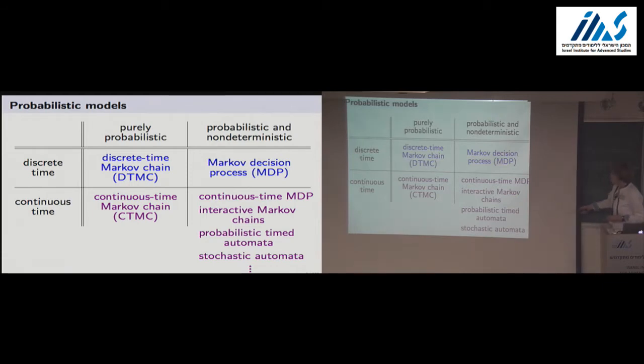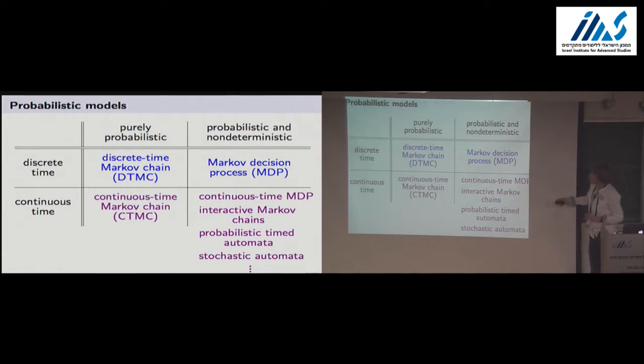And on this side, there are plenty of models that combine probabilism, non-determinism, and continuous time. So there is a rather natural step going from Markov decision processes, so probabilism plus non-determinism, plus exponential distributions for the delay. This would give you the model of continuous time MDPs.